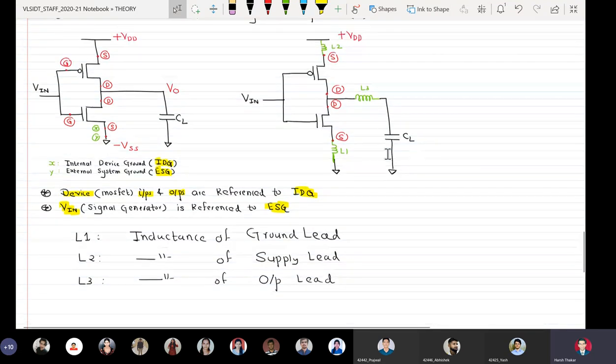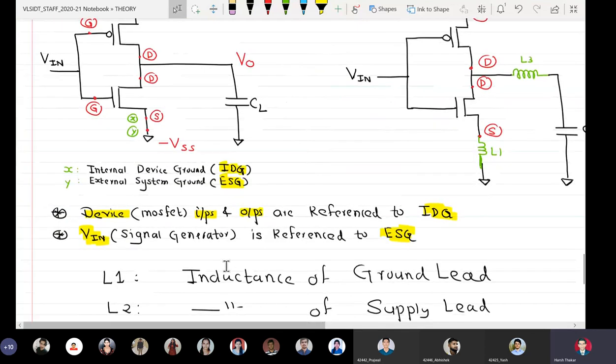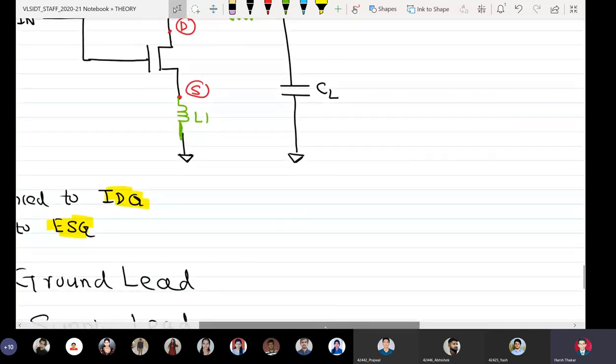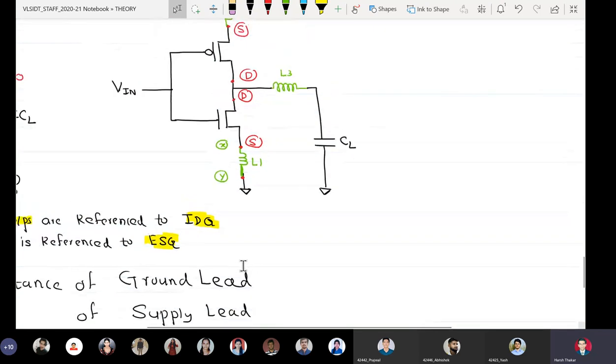Fine. And now, just like we defined the points X and Y as IDG and ESG, we have to denote the points here also. So I'm zooming it and I have to denote the same points here. This is my point X, this is point Y. Are you able to see the difference now?